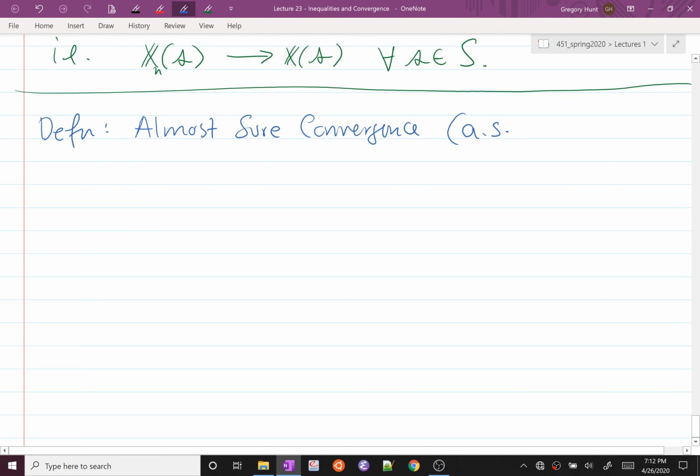typically denoted a.s., almost sure convergence.